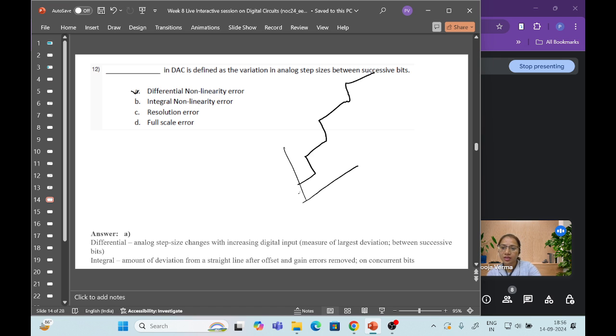While the integral nonlinear error is defined as the amount of deviation from the straight line after offset and gain error are removed. So in a DAC, differential nonlinear error is defined as the variation in the analog step size between the successive bits.